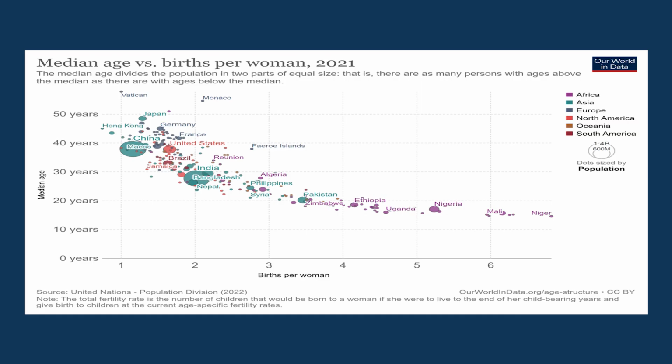And some of the African countries, Nigeria, Mali, Niger, have a very low median age and a high number of births per woman, right? High birth rate. So there is a sort of negative relationship between median age and births per woman.